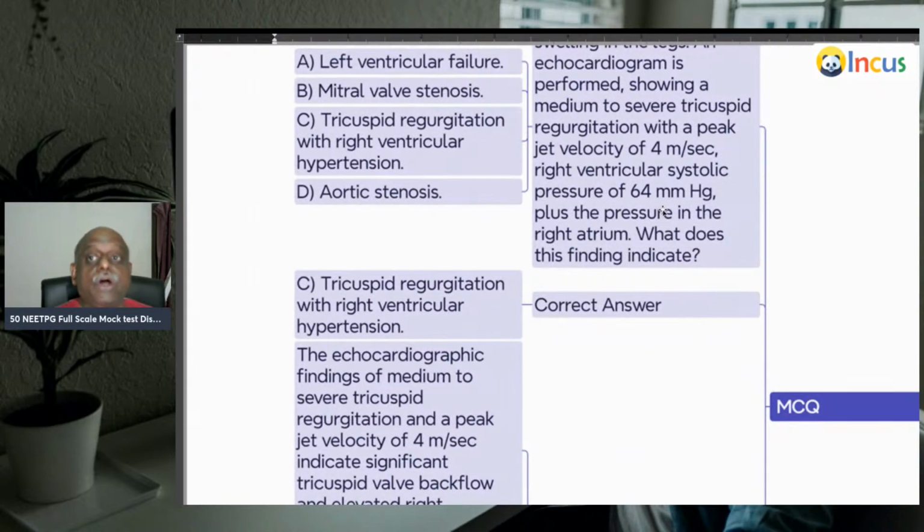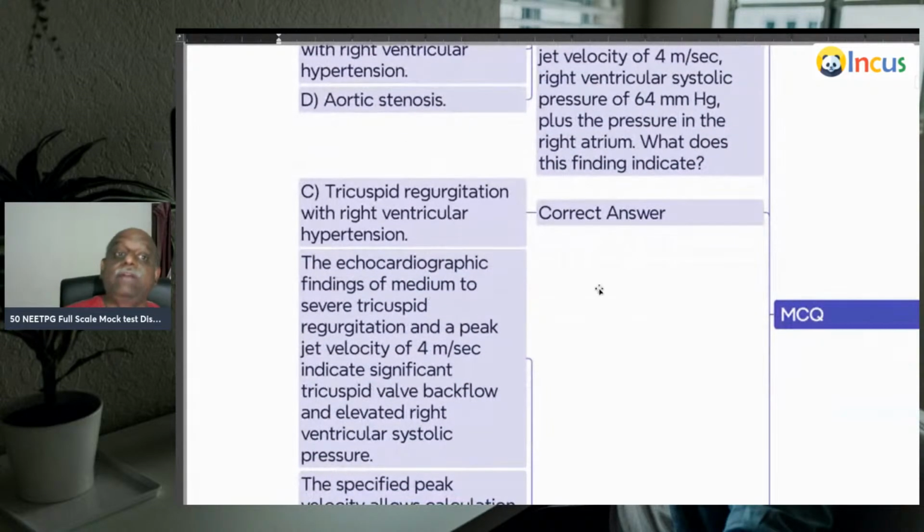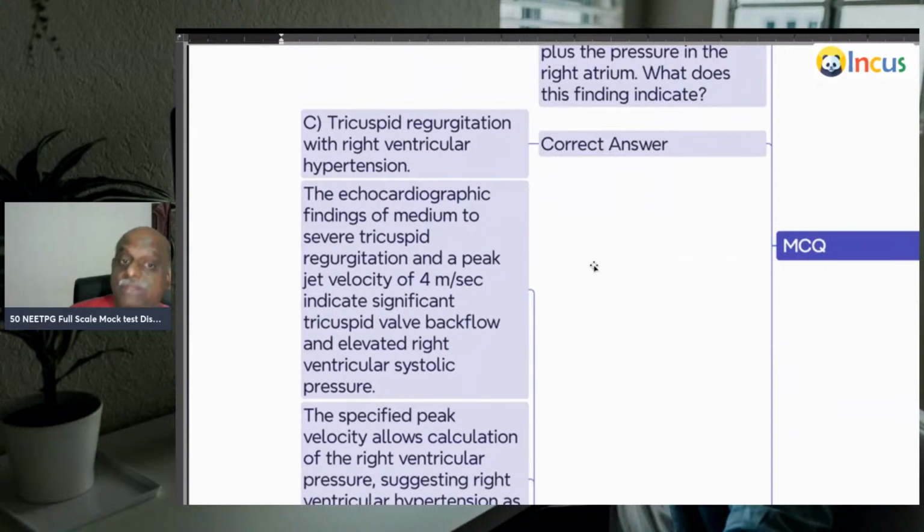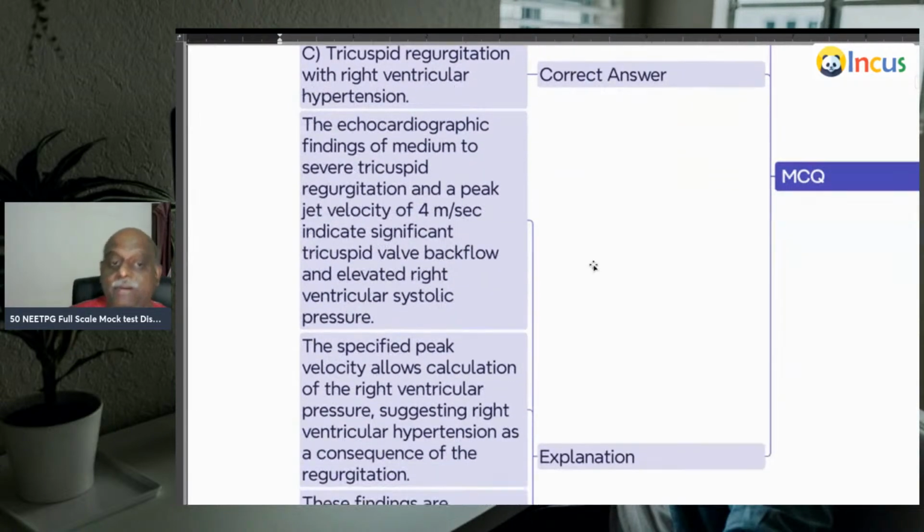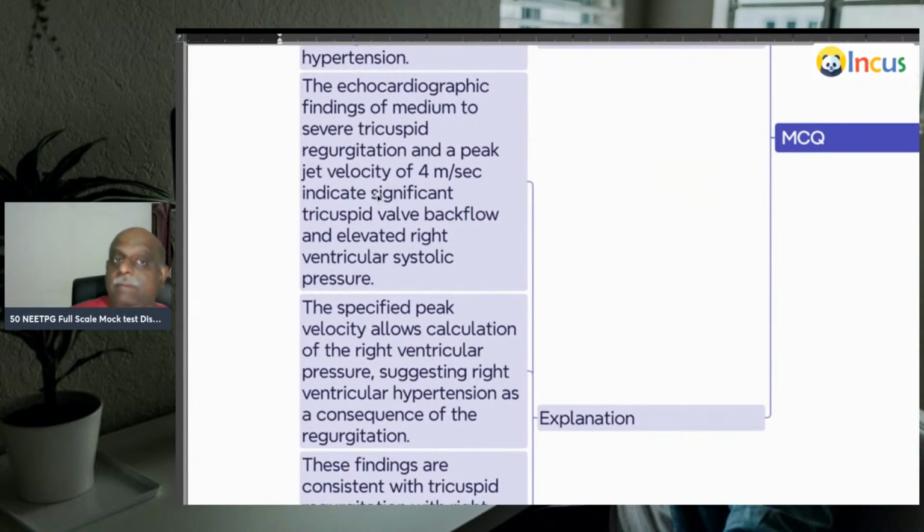Right ventricular systolic pressure of 64 millimeters of mercury. The moment there is a tricuspid regurgitation, all the extra blood is falling back from the right ventricle into the right atrium, and that ultimately leads to right ventricular hypertension, which is the predisposing factor for the tricuspid regurgitation, is what you need to remember.